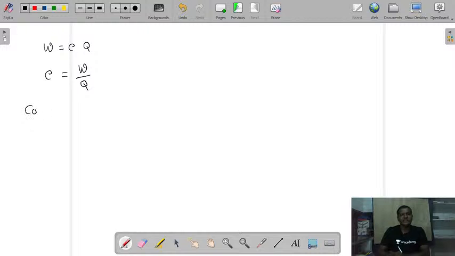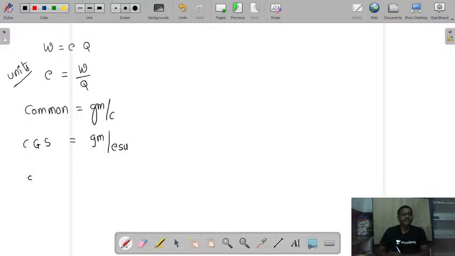So in common system, weight is expressed in grams, charge is expressed in coulombs. So what are the units of electrochemical equivalent? Gram per coulomb. In CGS system, weight is expressed in grams, charge is expressed in ESU.